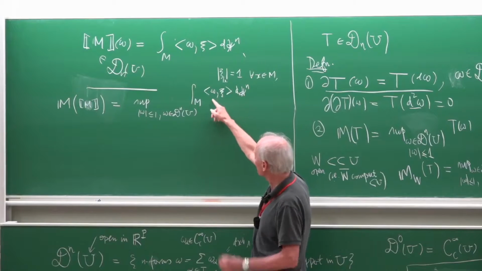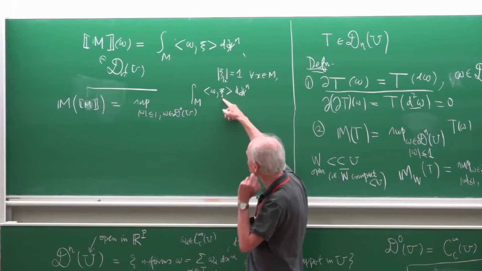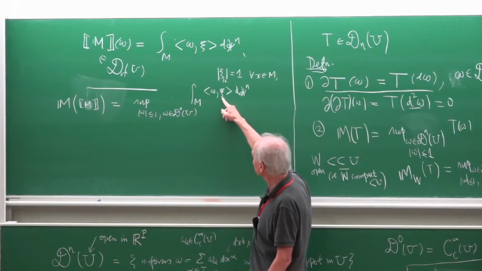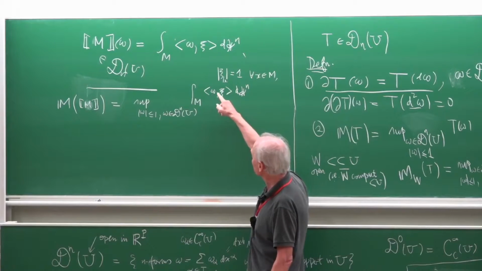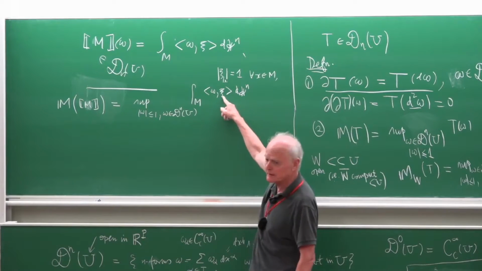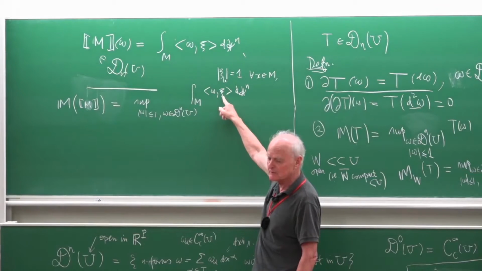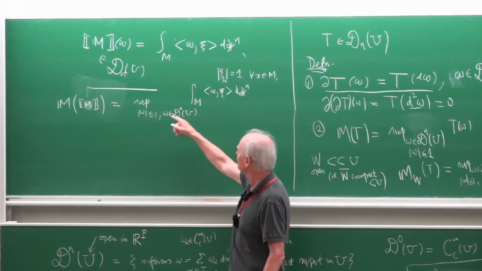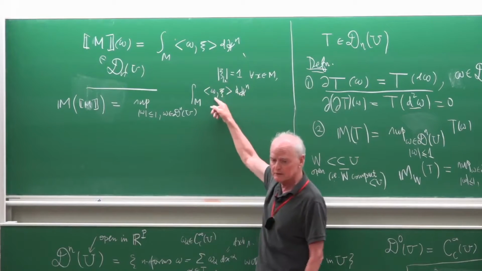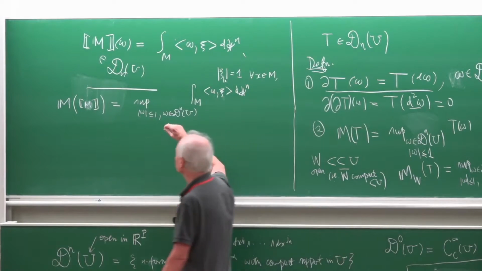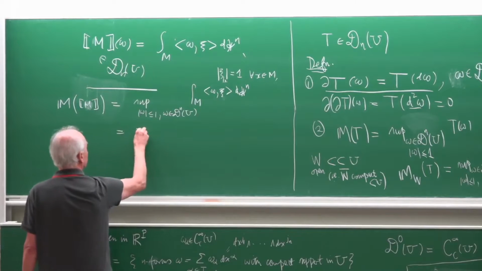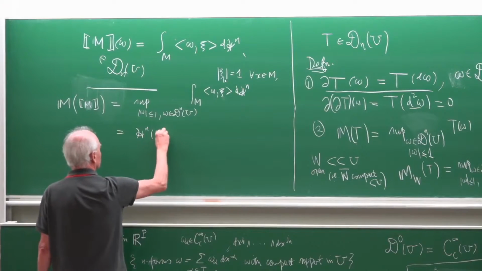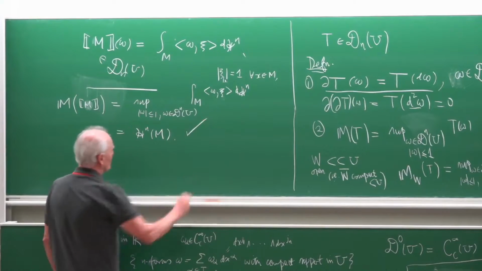It's like taking a dot product. If you take the dual element to omega, that would be the orienting form. It's just the dot product of omega with a unit vector in the space of n-forms. So trivially, the sup of this over omega with length less than or equal to 1 would be 1 at each point. So this would be exactly just the n-dimensional Hausdorff measure of M. So indeed, that's what we wanted it to be.